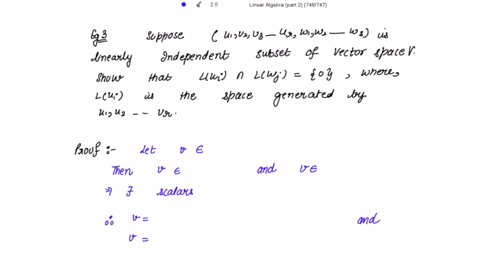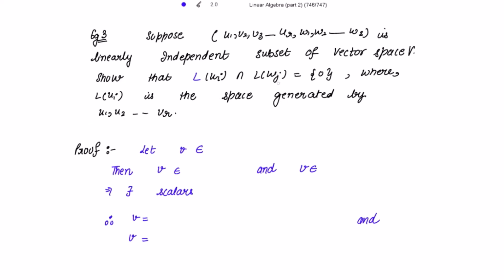Theoretical example. Suppose U1, U2, U3 up to UR, W1, W2 up to WS is a linearly independent subset of a vector space V. Show that L(U_i) intersection L(W_j) is equal to the zero element, where L(U_i) is the space generated by U1, U2 up to UR.